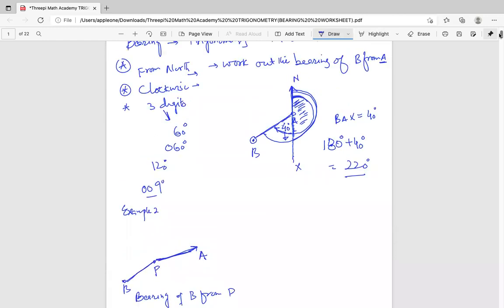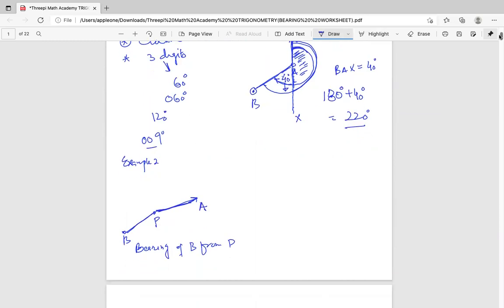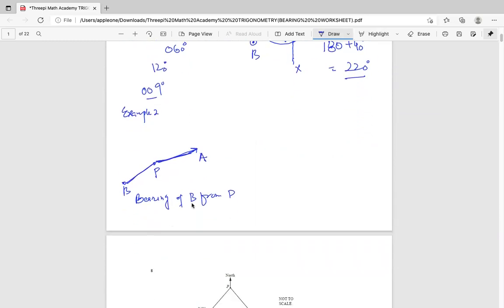Second thing is clockwise. Third thing is 3 digits. So for the bearing of B from P, from P you make a normal line here. Now the normal line is drawn there. That's the first thing. Then clockwise.